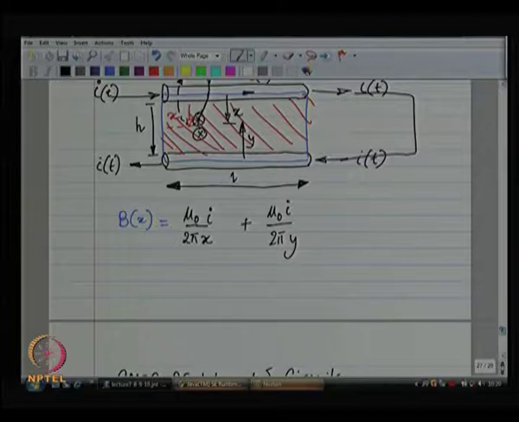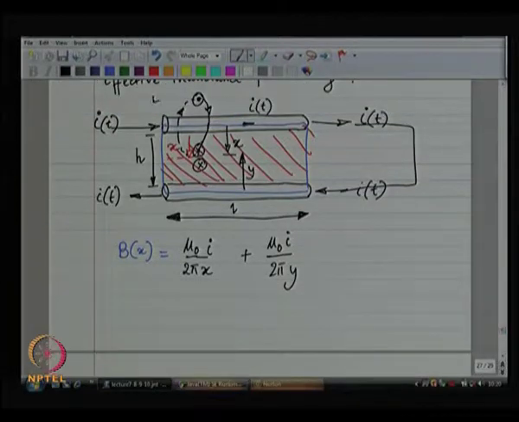Okay. So, I am assuming that this wire has a radius of small r. So, let us look at the area from r to r plus h, I am sorry. Let us say this is h.